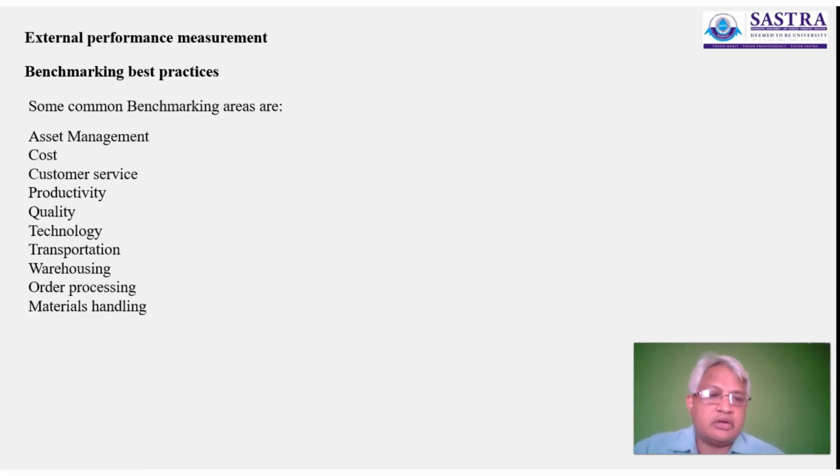Some common benchmarking areas I have listed here are asset management, cost management, customer service, productivity, quality. Technology is very essential, as we have just seen in recent innovations. Transportation, warehousing, material handling, just about every process of logistics. These are very important benchmarking areas.